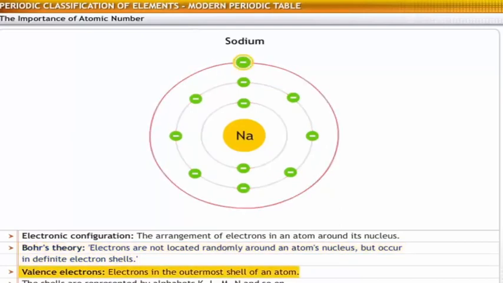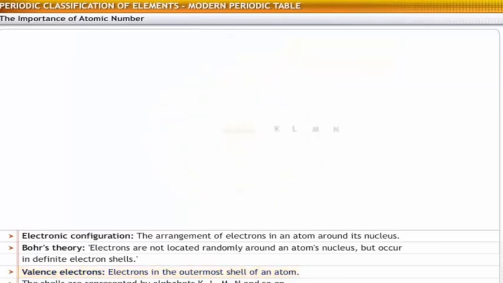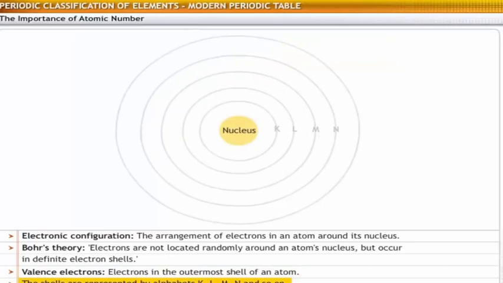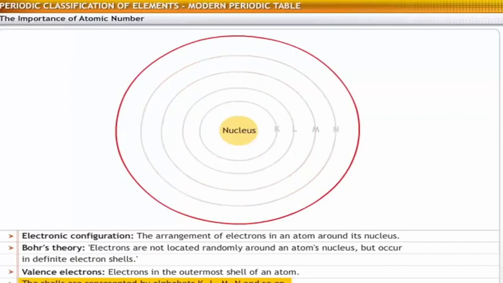Electrons in the outermost shell of an atom are the ones involved in chemical reactions. These electrons are called valence electrons. The shells in an atom can be named alphabetically as shell K, L, M, N, and so on.